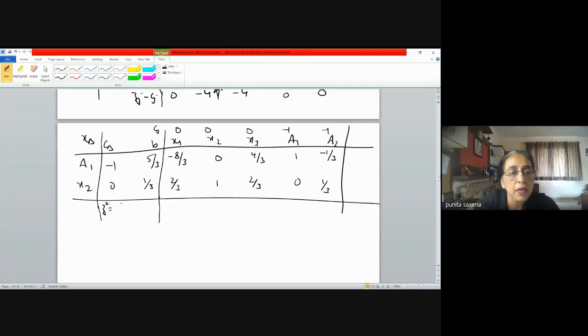That's perfect. So your Z star is now -5 by 3. Now let's compute our Zj's and Zj minus Cj's.